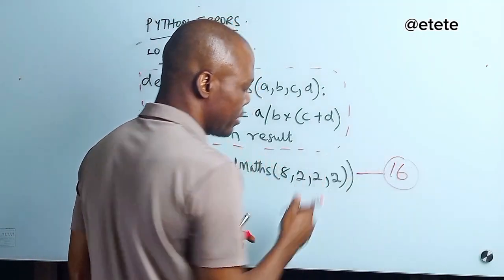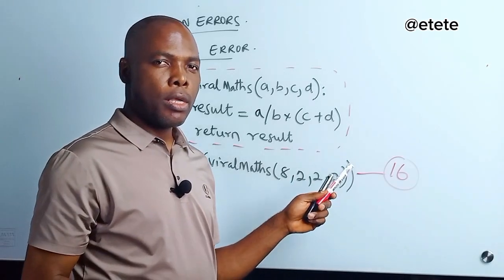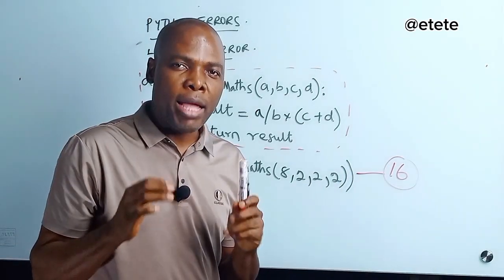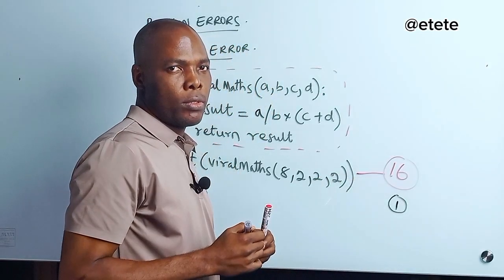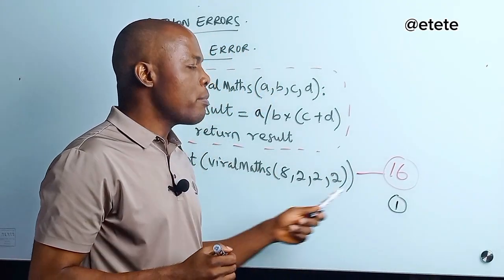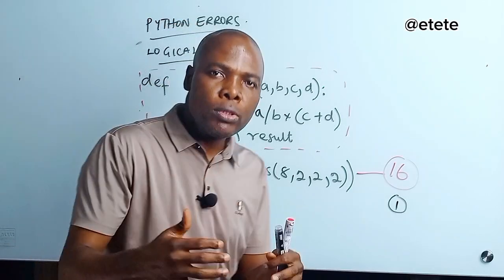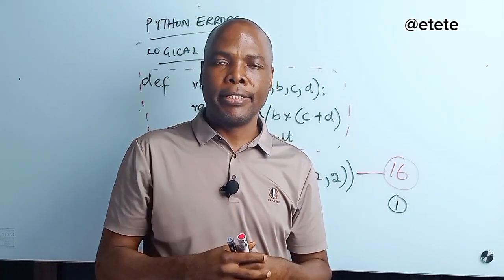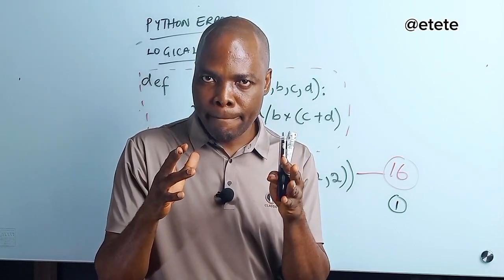It gave me 16, right? But this wasn't my intention. What I want to get as my output is 1. But executing this program is going to give me 16. It's not going to throw me an error, but the output I'm getting is not what I intended. So that is a very huge problem.